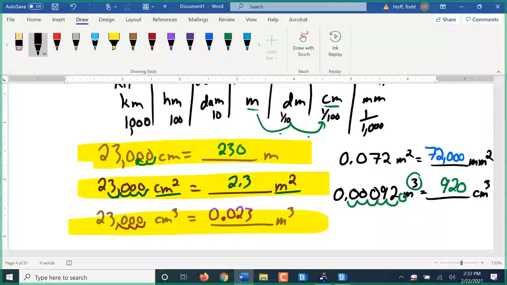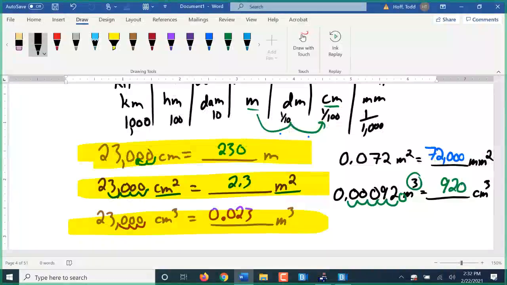The moral of the story here is when we're doing conversions, we have to be very, very careful with our units. We have to look at our units and make sure that we know whether we're doing regular units, square units, or cubic units. Conversions change, and we need to make sure we get the right conversions.